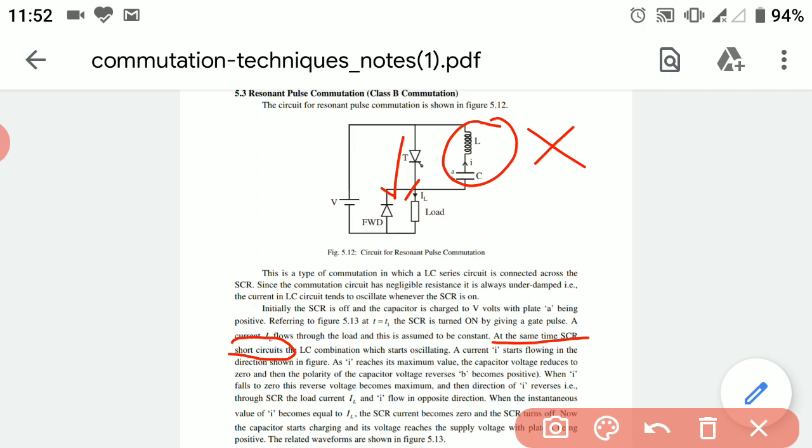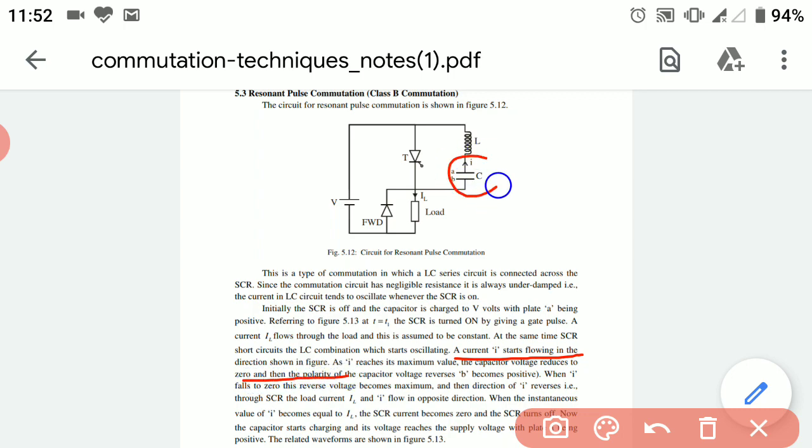Due to this short circuit, the LC combination starts oscillating and a current I flows through this LC combination. This current is I and its direction is upward because plate A is at positive potential and B is at negative potential.